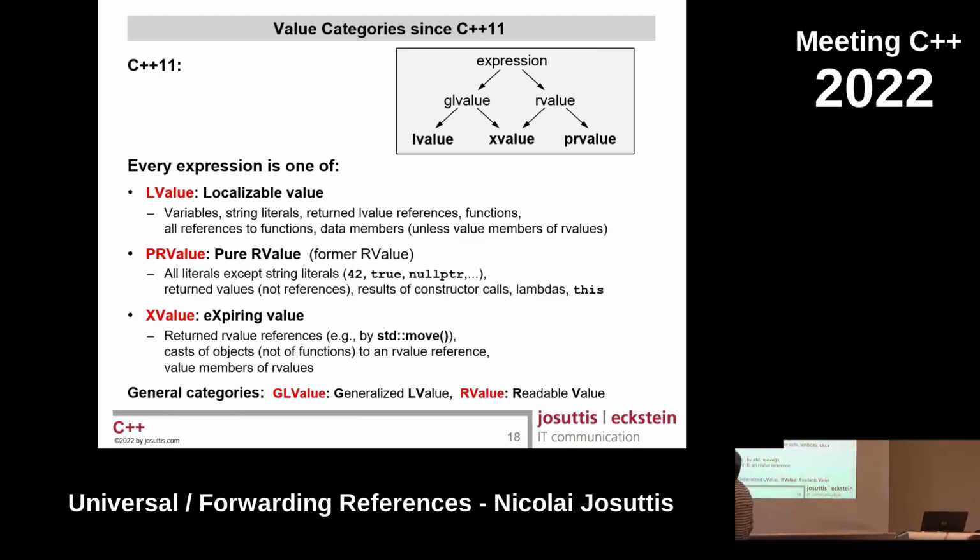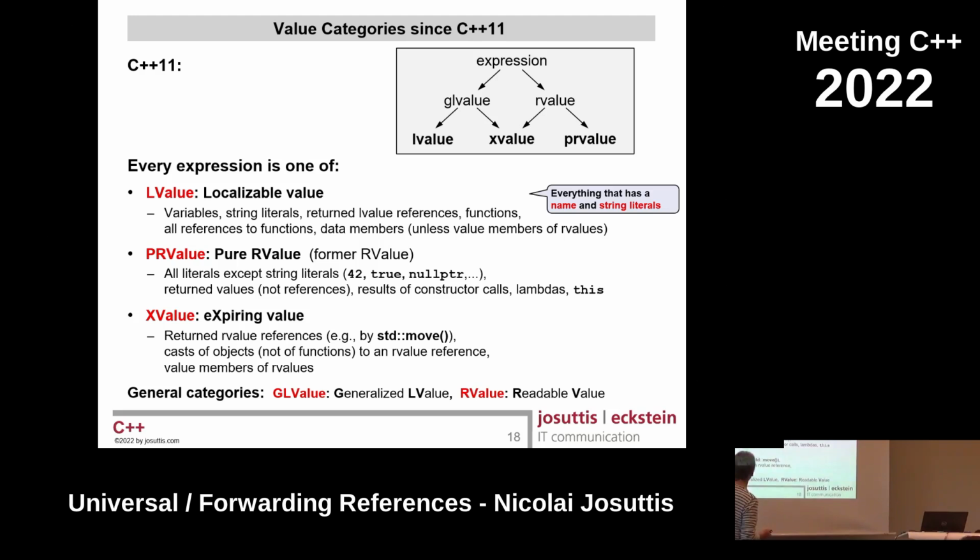It has a location you can use in your code. So examples are everything that has a name, and string literals are L values. So variables, string literals, returned L value references, functions, data members of L values.